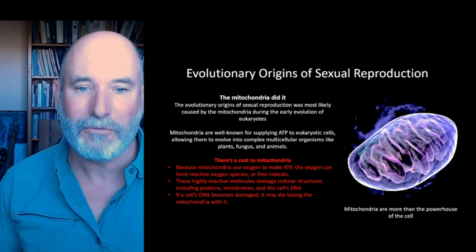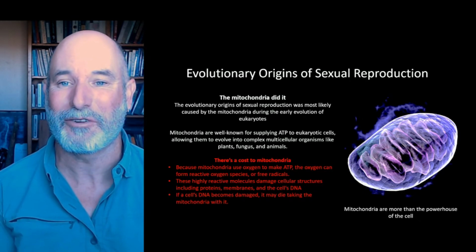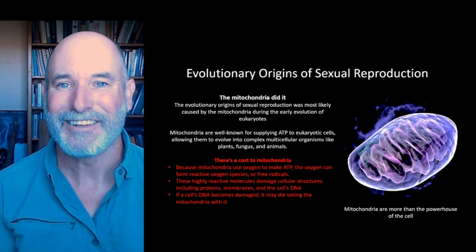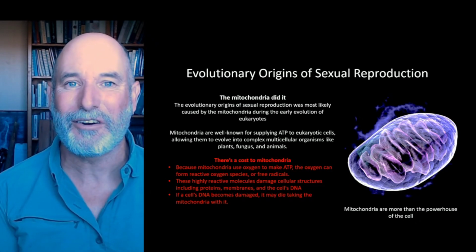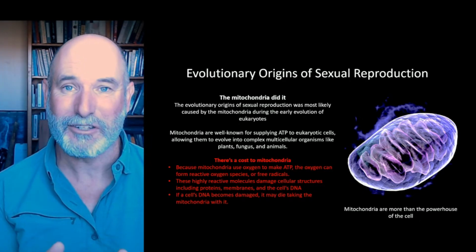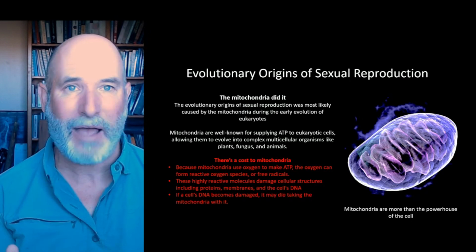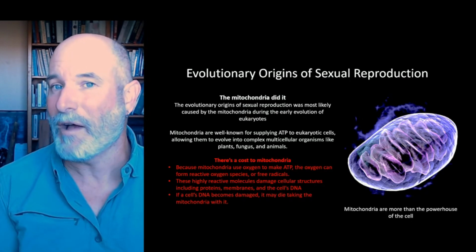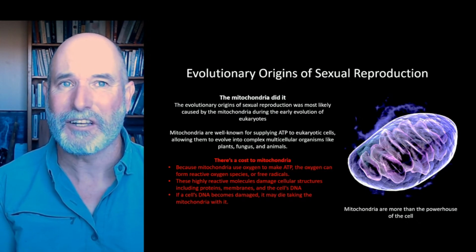All right, so here's where we think the origins of sexual reproduction come from: the mitochondria. The mitochondria did it, right? So go back 2 billion years ago, we've got the evolution of eukaryotes. Basically, you've got an aerobically respiring bacteria that finds its way into a methanogen, I think, which is a type of archaean.